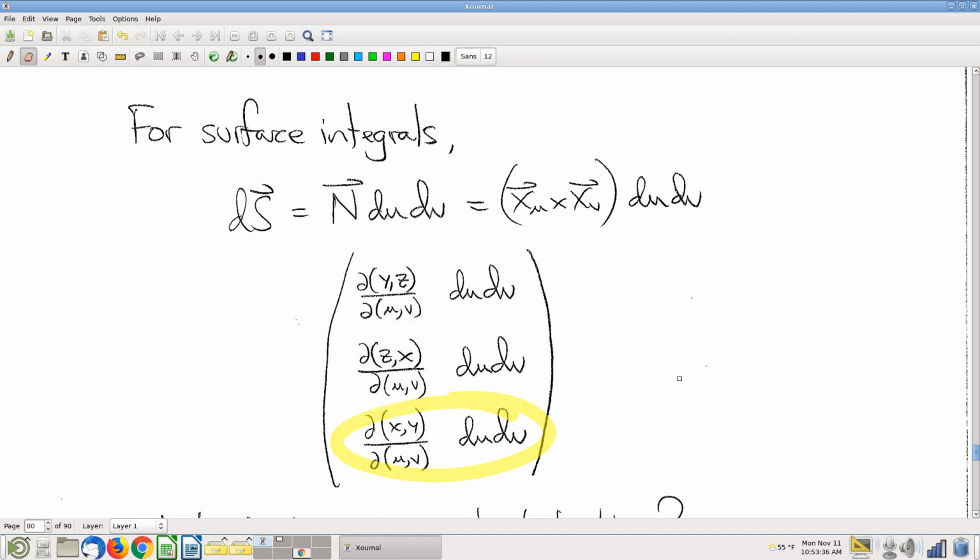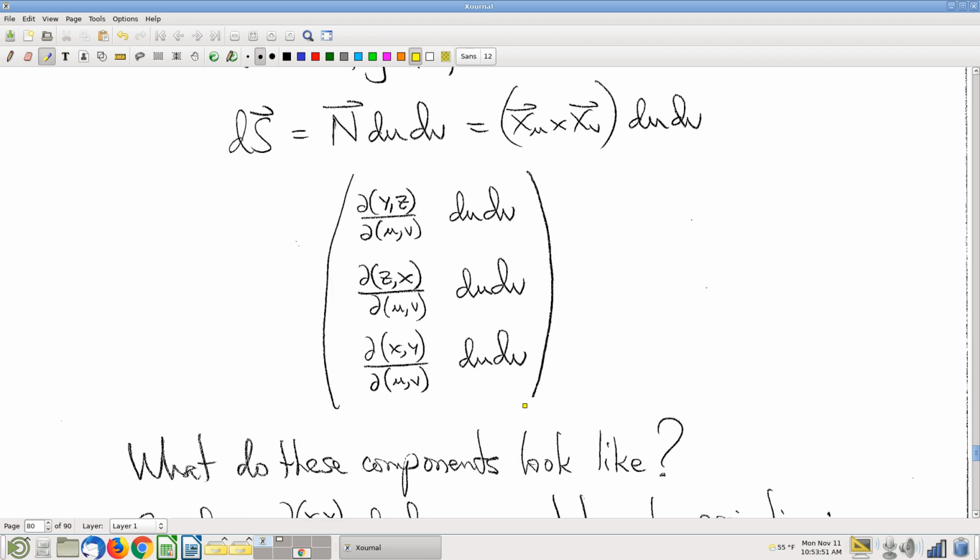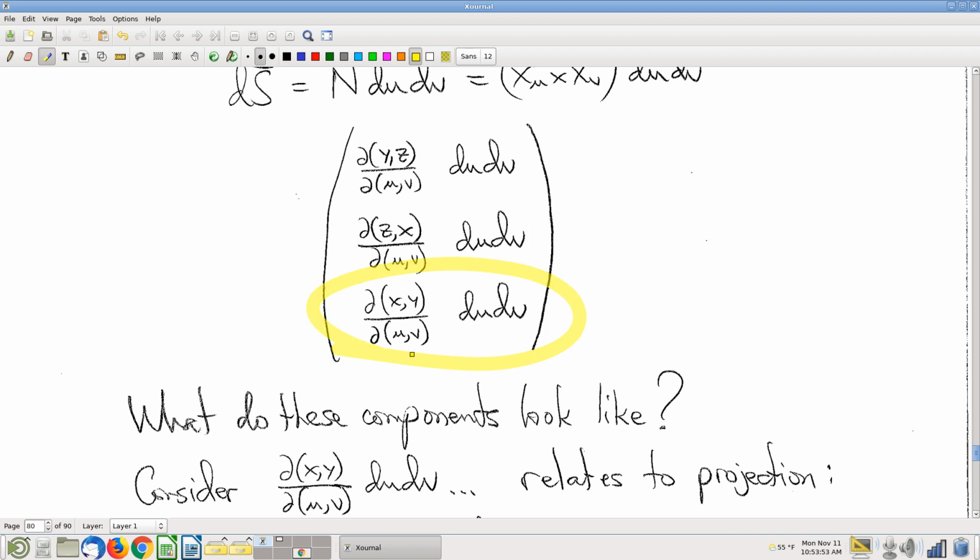And I'm going to look at the third one here for kind of geometric convenience. The argument that I'm about to show you generalizes very nicely to the other three coordinates. So let's ask, what does partial xy, partial uv look like?